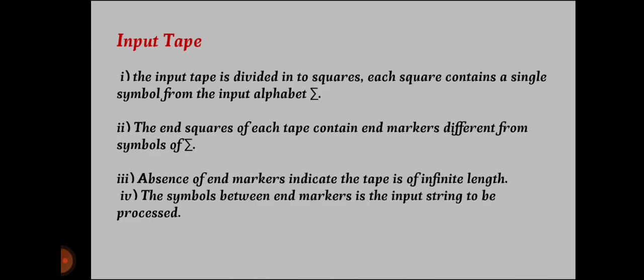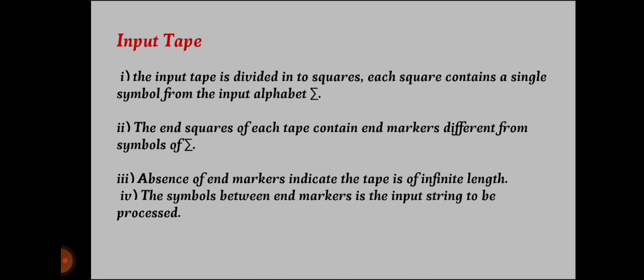The input tape. The input tape is divided into squares. Each square contains a single symbol from the input alphabet. The end squares of the tape contain end markers different from the symbols of the alphabet. The absence of end markers indicates the tape is of infinite length.